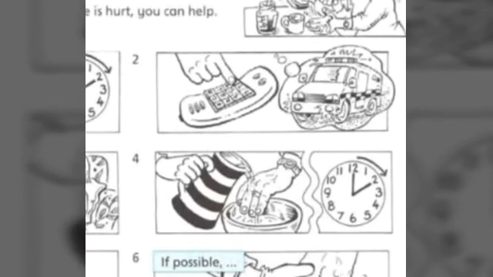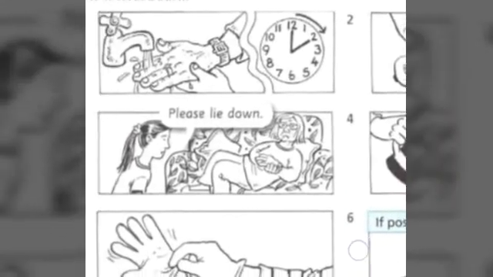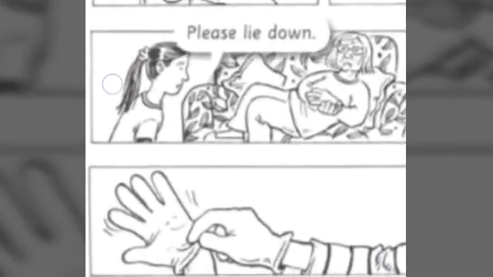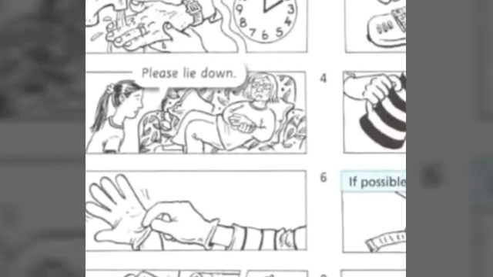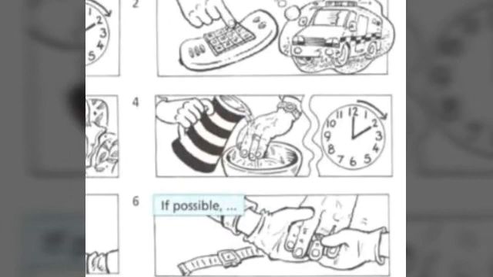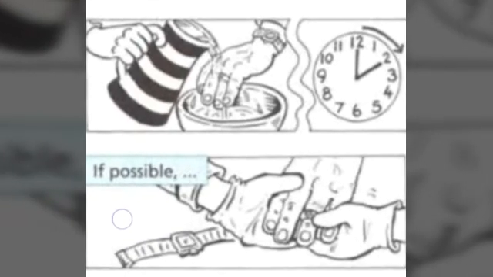And number 4, you are gonna do what you have done again in picture number 1. You should again put the hand under running water for 10 minutes. Then number 5, you should wear disposable gloves. Why disposable gloves? Let's see in picture 6. In picture 6, you should remove all the accessories from the burnt hand. So, what do you mean by accessories? Anything that you wear. For example, here we have the watch, the ring.